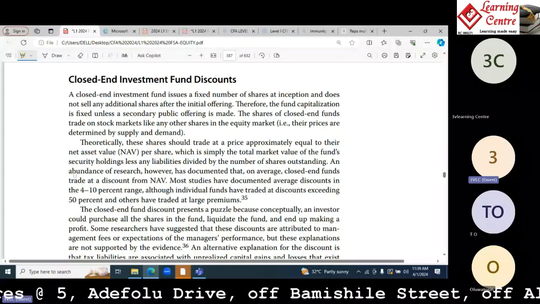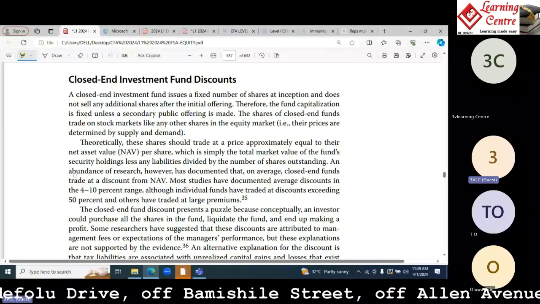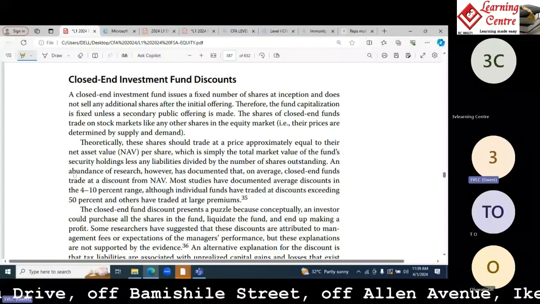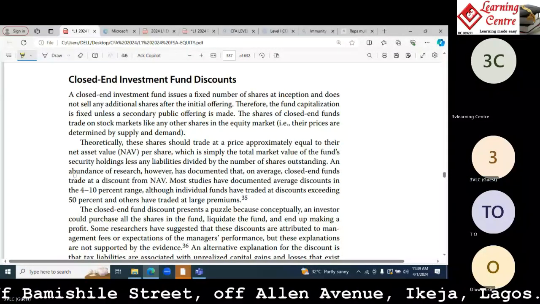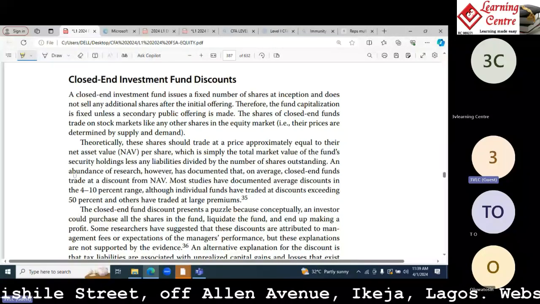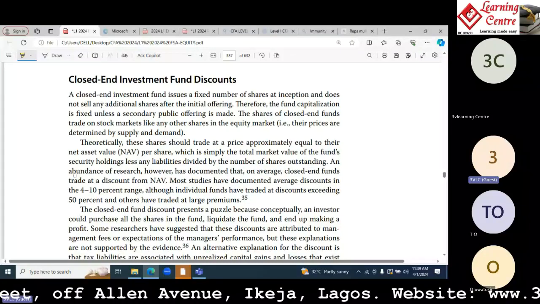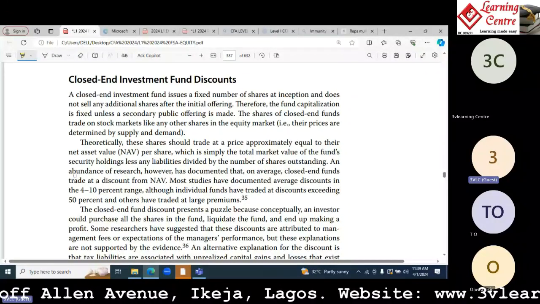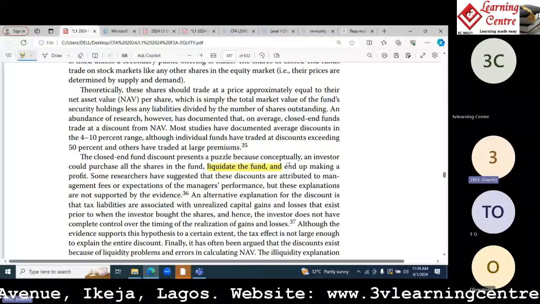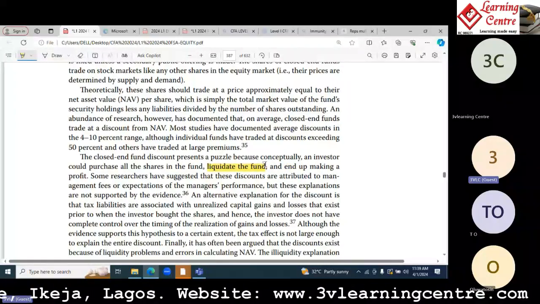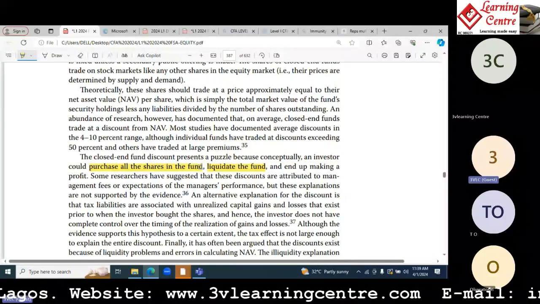I believe it's a liquidity-driven reason for the premium and the discount. The fact that people cannot easily exit or enter, your inability to liquidate the fund or purchase the fund, is the reason for this anomaly.